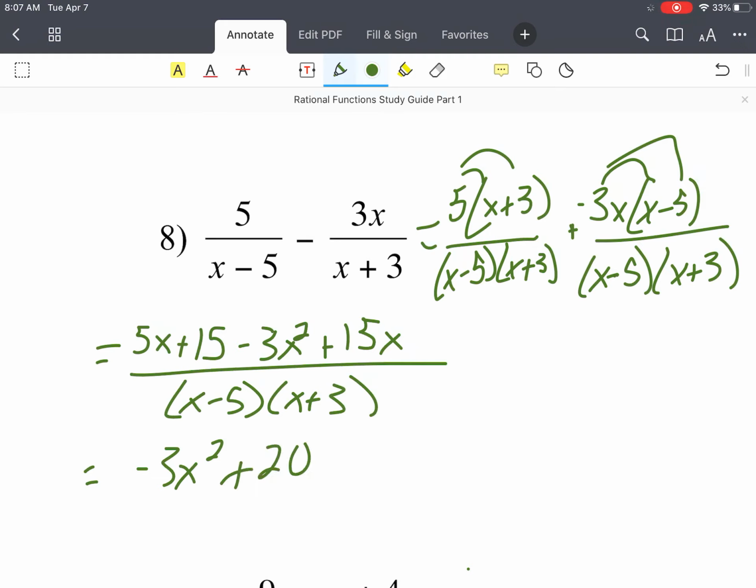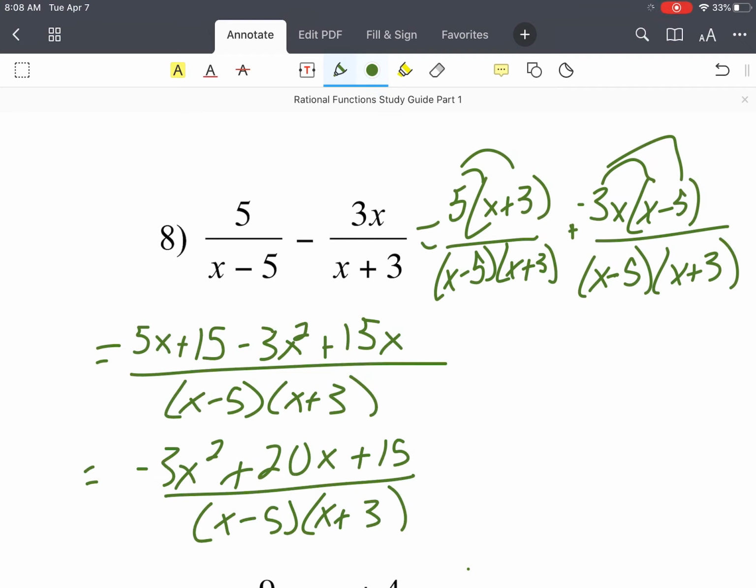So we have negative 3x squared plus 20x plus 15 all over x minus 5 and x plus 3. All right, so now we've got to see if negative 3x squared plus 20x plus 15 factors. I'm going to guess that's a big fat no, but let's see.